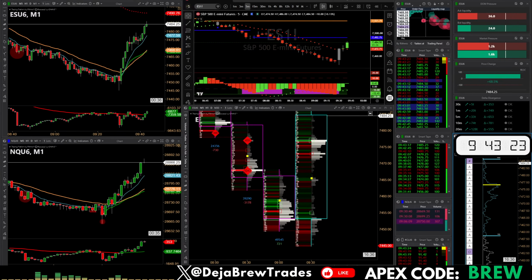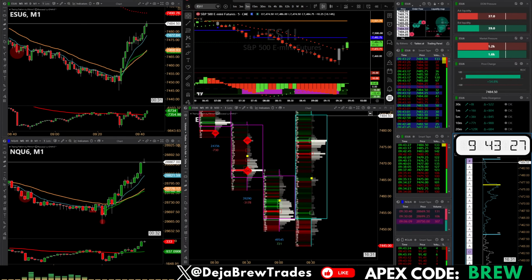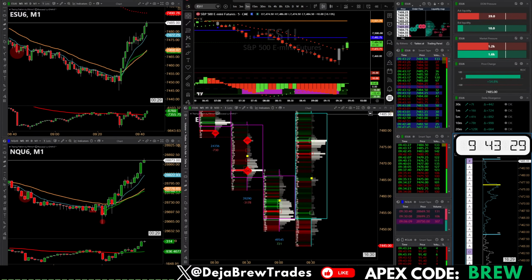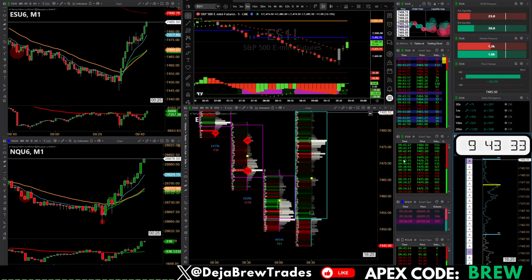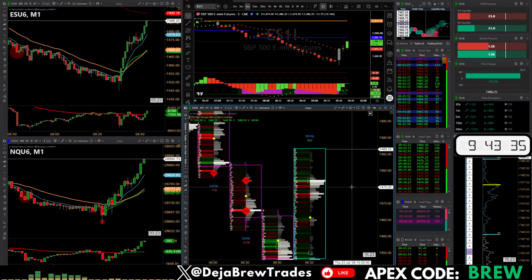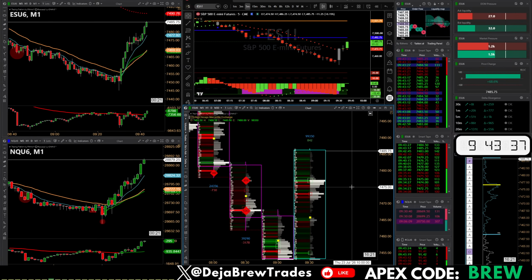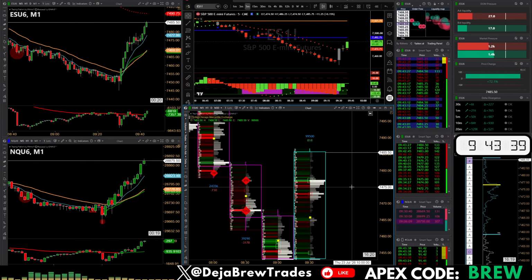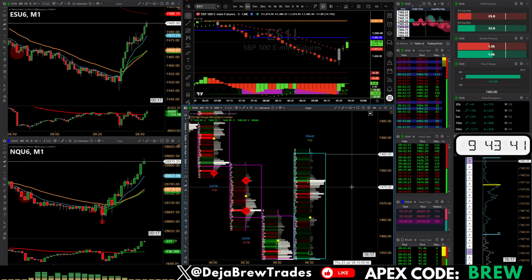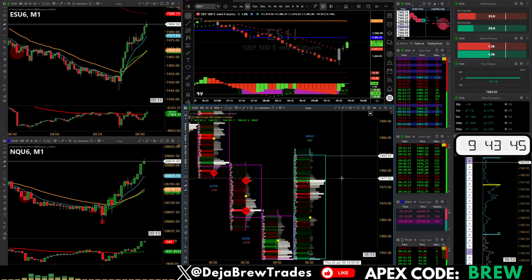So no matter which account you get, I believe all of them are 125. And then they're doing another no activation fee promotion for the 100K accounts. For the 100K intraday drawdown, there's $60 no activation fee.